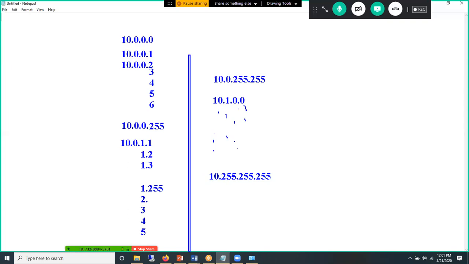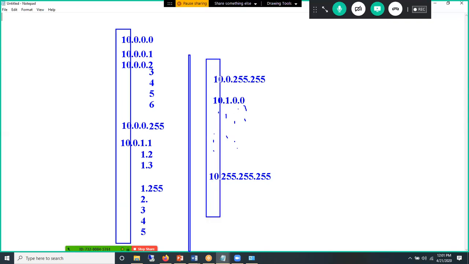So what is common here? If I use class A, make sure you remember the first portion in class A should be common. This number we represent as the network. Okay, so the first address we call the network ID: 10.0.0.0.